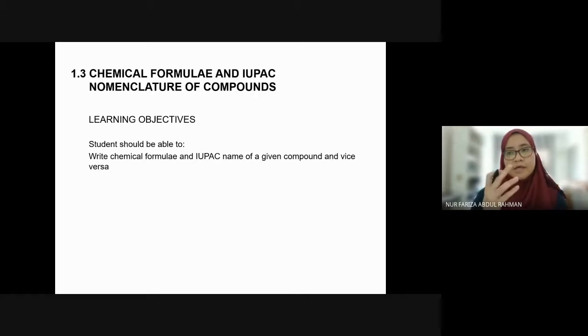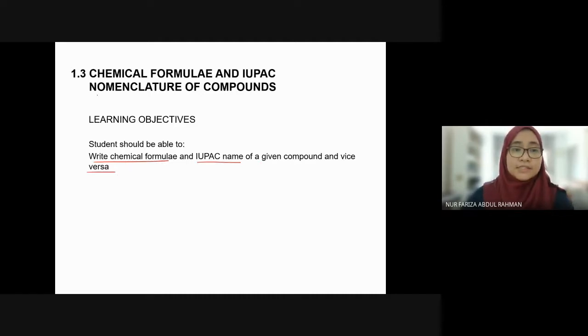We have standard nuclear notation to represent that. The learning objective for this subtopic is to make sure that you are able to write the chemical formula and IUPAC name of a given compound and vice versa.